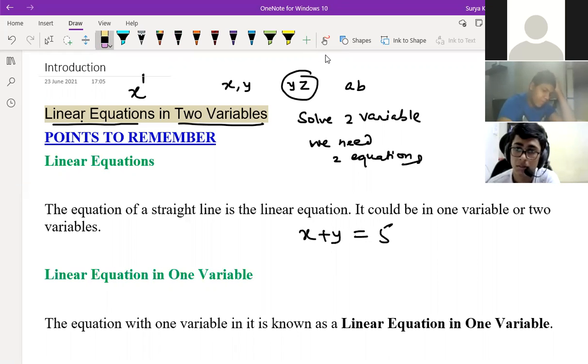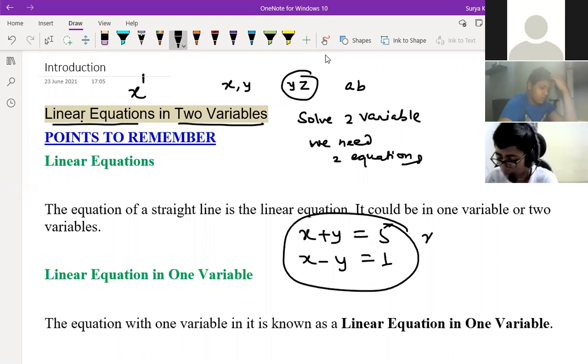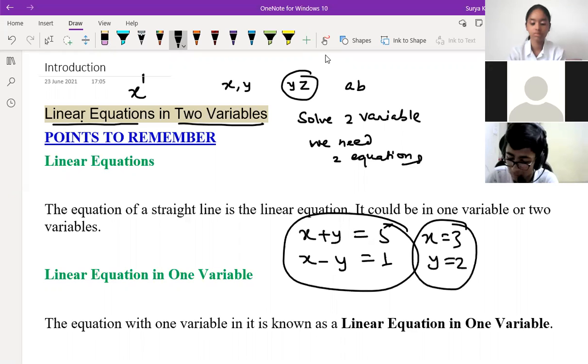Suppose x plus y is equal to 5, and the second equation is x minus y is equal to 1. Then 100% you can say that x is equal to 3 and y is equal to 2, correct? So how to solve this type of equations, we have to learn in this chapter.